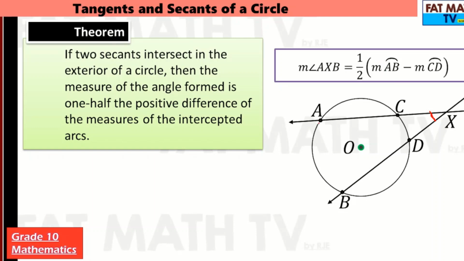The bigger intercepted arc, AB, this is the intercepted arc, and another intercepted arc, CD. So the positive difference. You have to subtract the smaller from the bigger so that you will have a positive difference. So half of the difference of these two arcs is equal to the measure of this angle AXB.